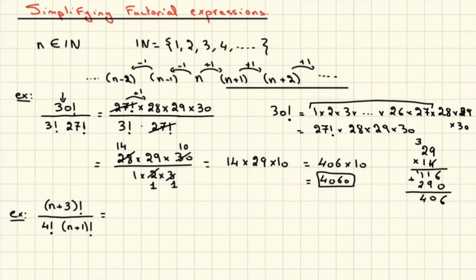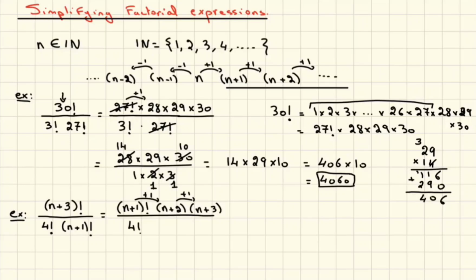And in this case, we're going to rewrite n plus 3 in terms of n plus 1, as we said before. So I write n plus 1 factorial, and I keep adding 1 till we reach n plus 3. So after n plus 1 we have n plus 2, and I need one more, so add 1 to reach n plus 3. So I'm done with the numerator.